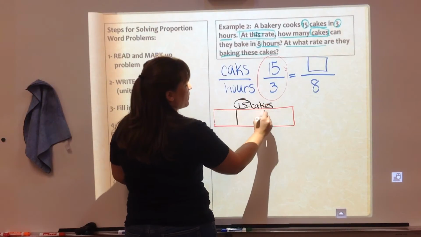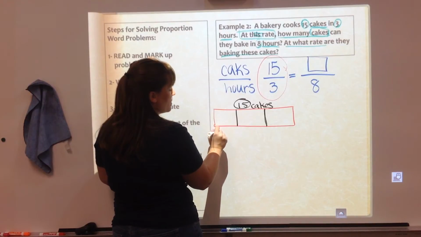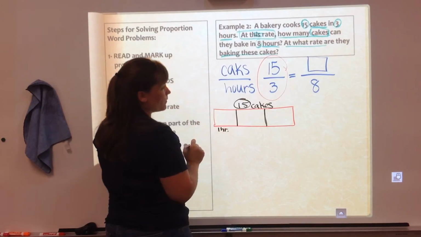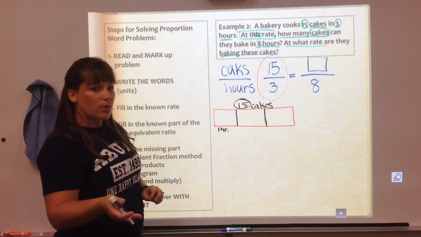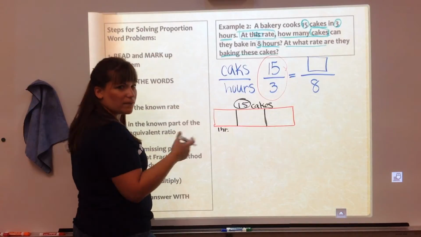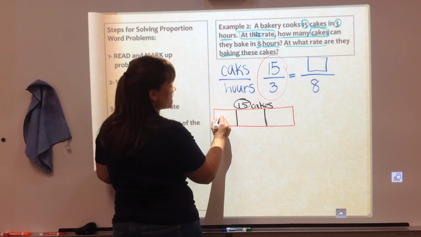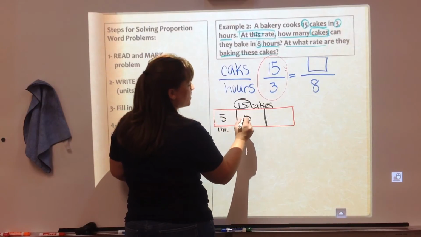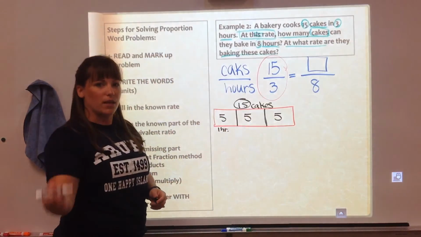But we have to break it up into 3 hours because each one of these is 1 hour. At what rate are they baking the cakes? That's the unit rate question. They're wanting to know what is the unit rate if they're baking per hour. How many cakes would they be making? So because this is 15 divided by 3, they're making 5 cakes per hour.